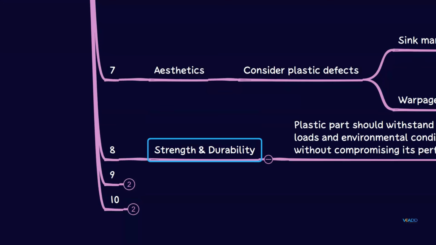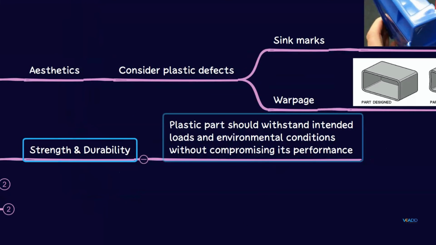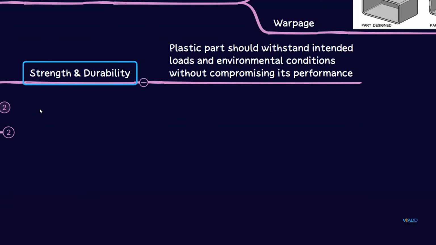The plastic part should withstand intended loads and environmental conditions without compromising its performance. So whatever loads you are considering, consider the environmental conditions and the intended loads, and with those loads your part should perform without compromising. So you should consider strength and durability while designing your B side features.